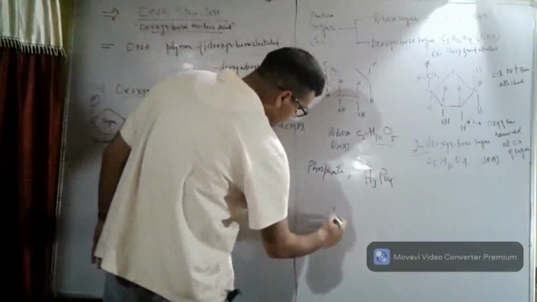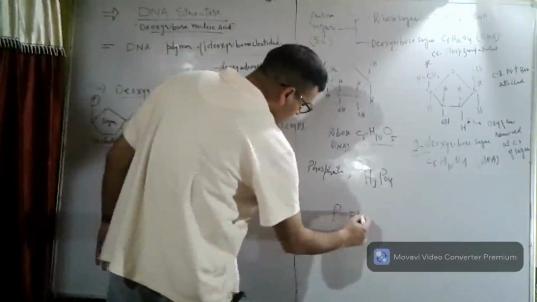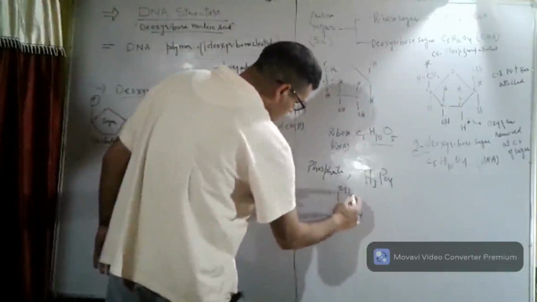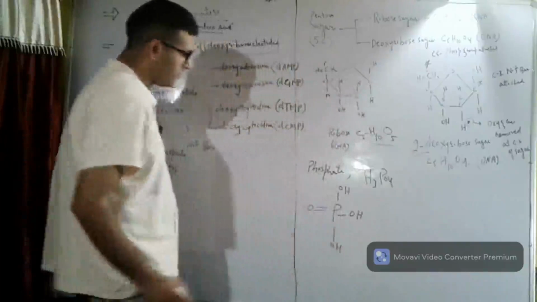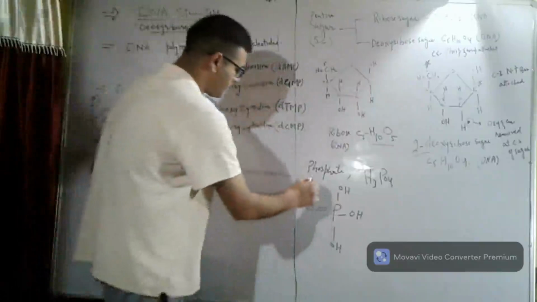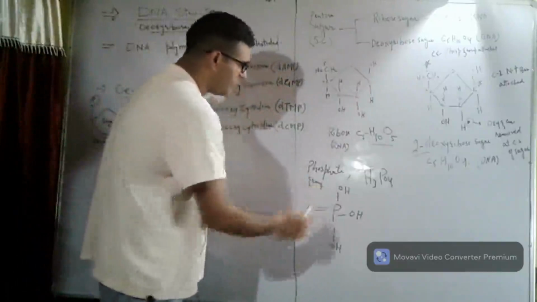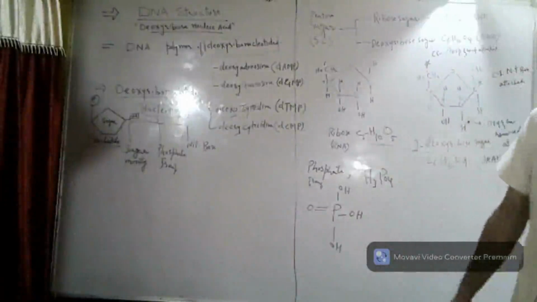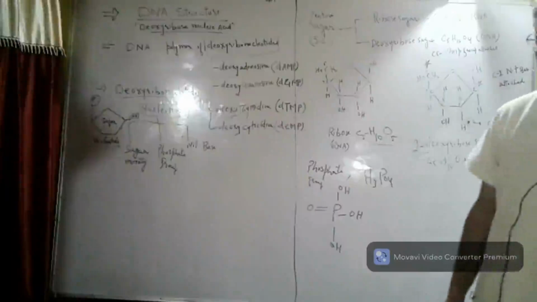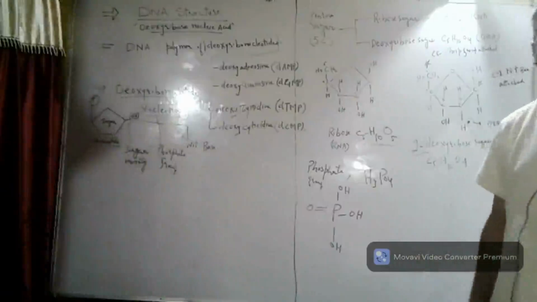So we have this structure, P, OH, OH, OH, double bond O. So this is the phosphate group which is found in the deoxyribonucleic or the ribonucleic acid. This phosphate group is present in DNA.